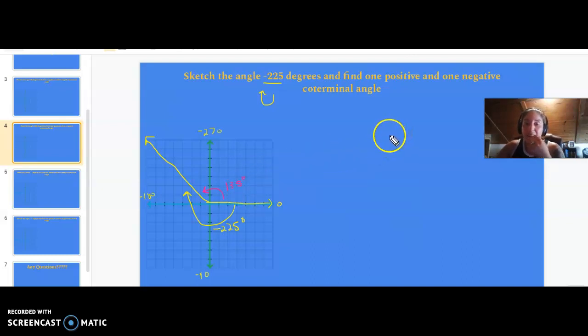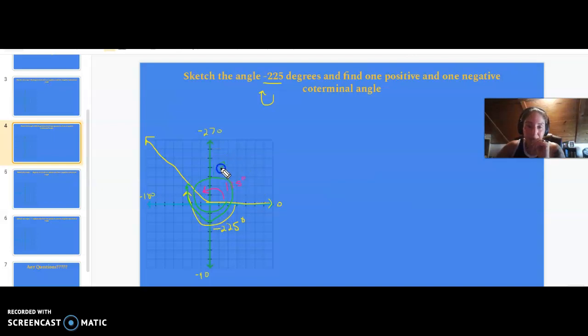And then for a negative coterminal angle, maybe we don't just go one turn to negative 225, maybe we keep going again. Green's a fun color. So there's negative 225, and what if we go again?